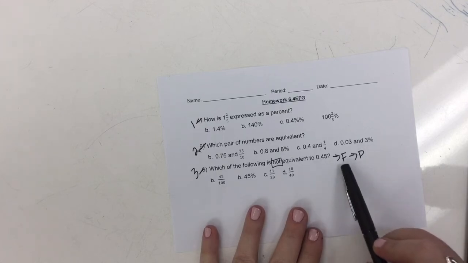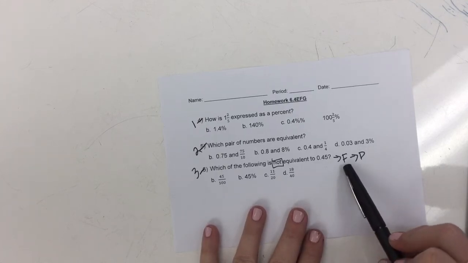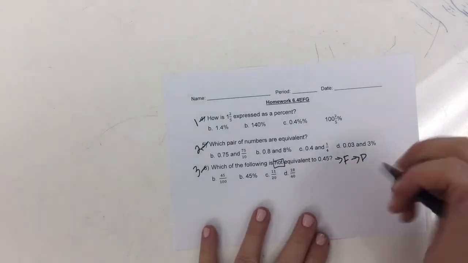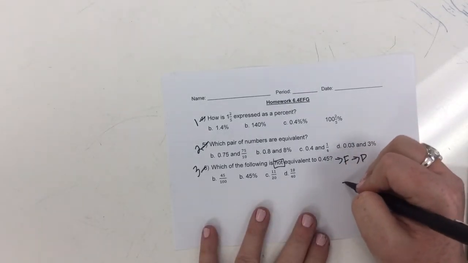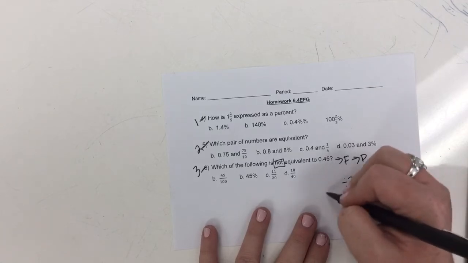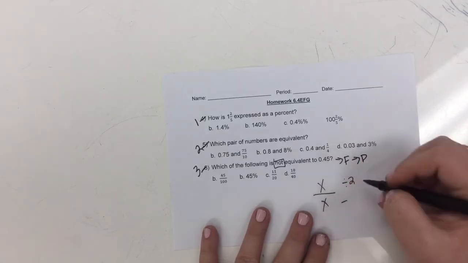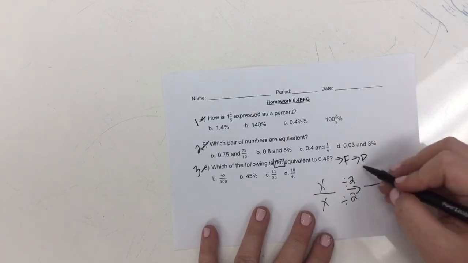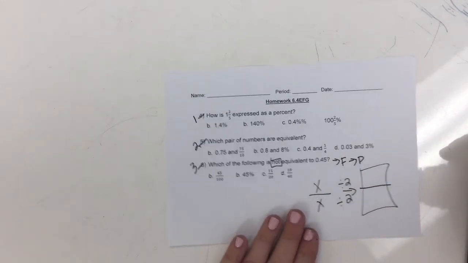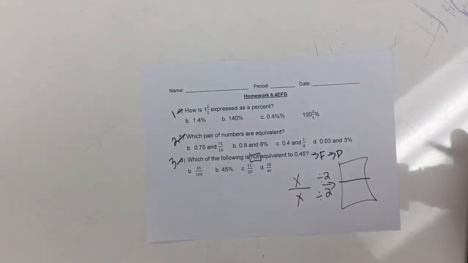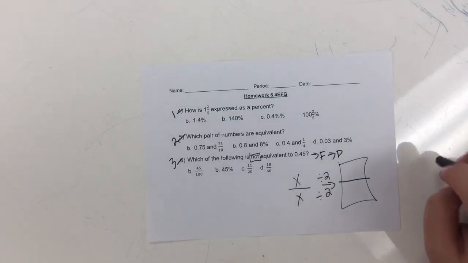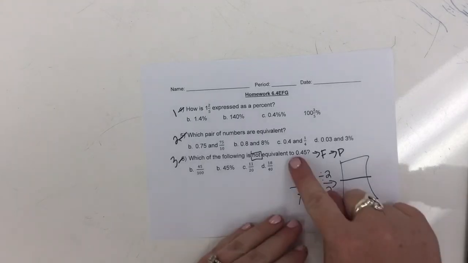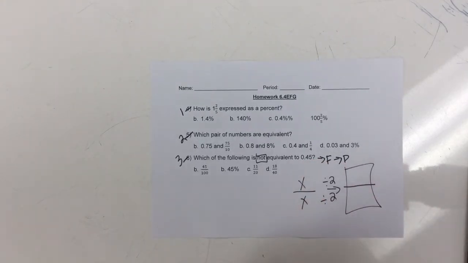If you change it to a fraction and it hasn't been completely reduced, so if it can be reduced by 2, here's my example, and this reduced or simplified fraction is here, that's not going to be the answer. You need to find the one that is not here. Okay? So which one is not equivalent to 45/100ths?